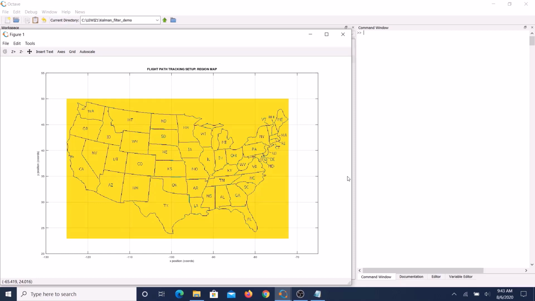So we will use the similar setup that we used in the previous demonstration. So the system will plot the flight path on the map that is shown in the screen. And now we will see the simulation of extended Kalman filter.